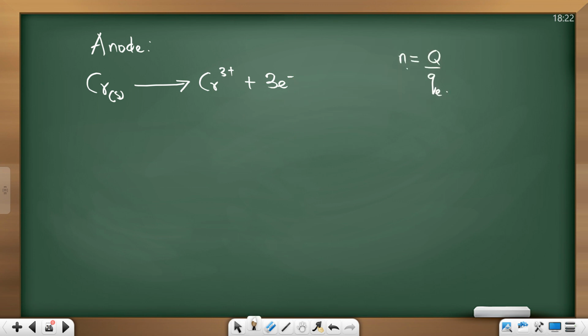Let's check. They said this thing reduces by 2 grams, so the mass that reacted is 2 grams. Can we change this into number of moles quickly? Number of moles is mass over molar mass, so everybody, use the periodic table. Those of you at home, quickly check as well.